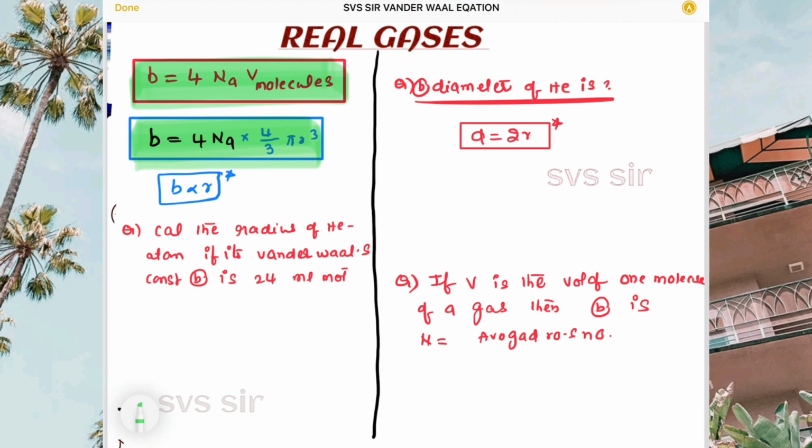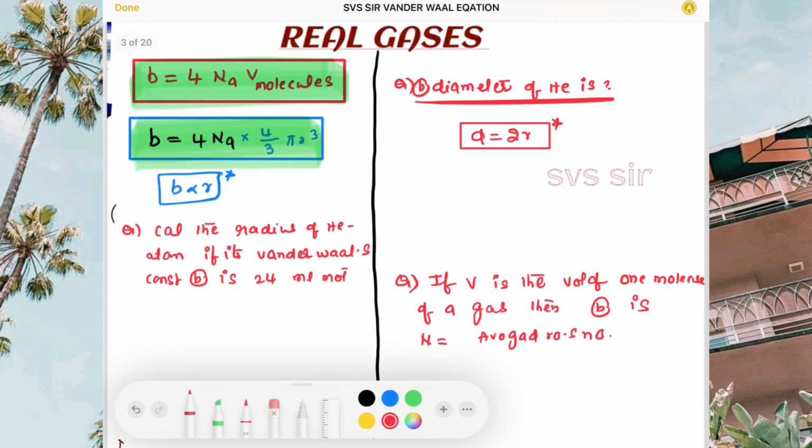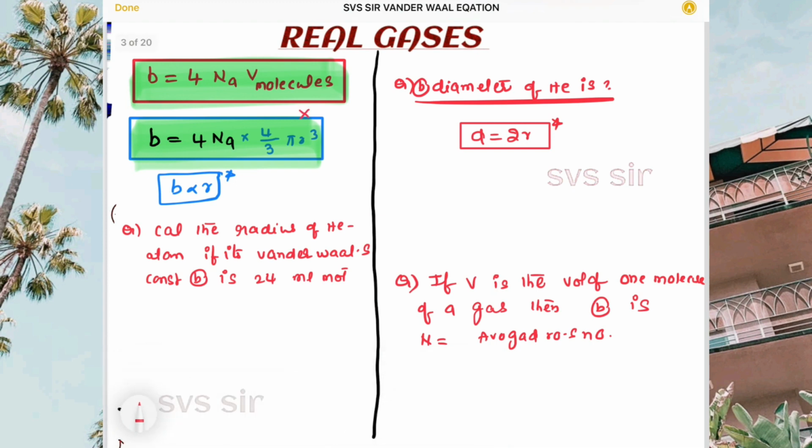So b = 4 × Avogadro number × volume of the molecule. Because we considered real gas molecules as rigid spheres, the volume of the molecule we take as 4/3 πr³. From this equation also, b is directly proportional to r.